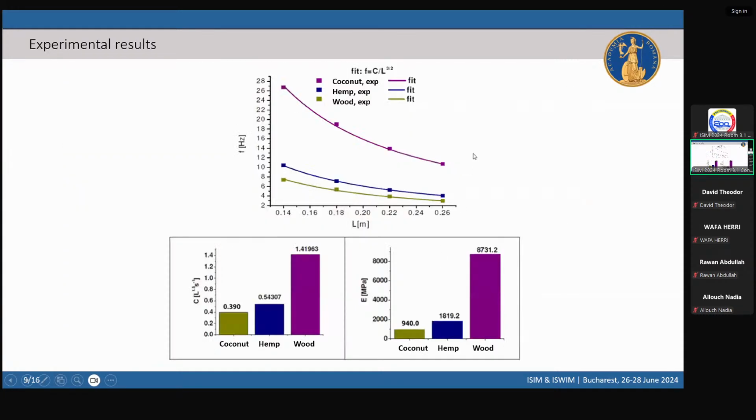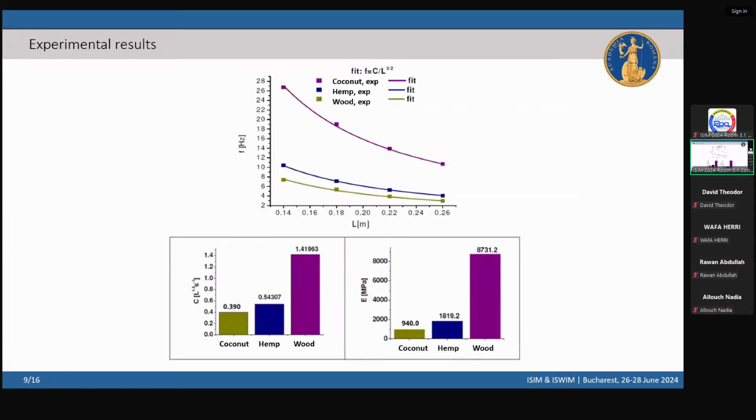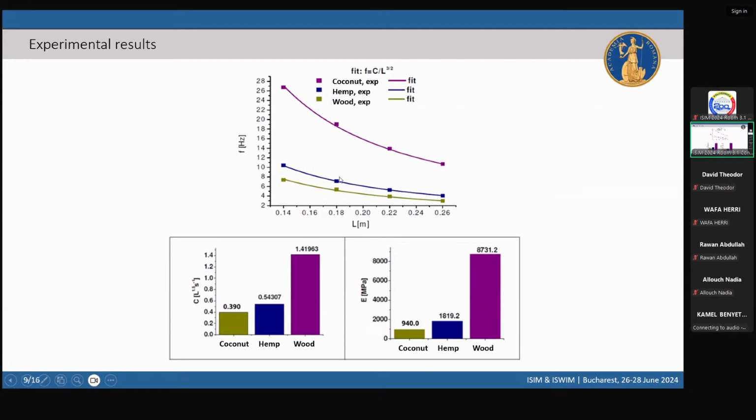With that, these are the results obtained for different kinds of materials, biological materials we used for testing, and all of them, including the wood, all of them have the same rule of variation against the length.